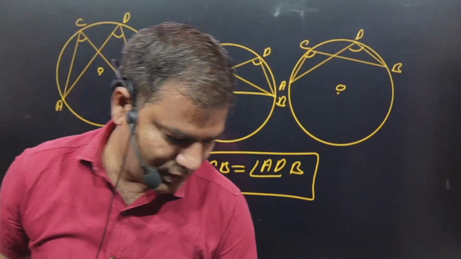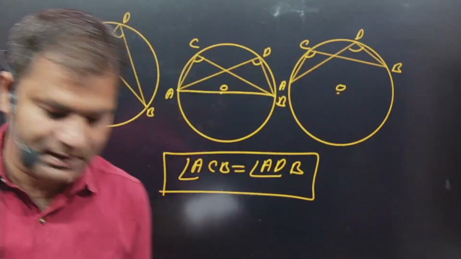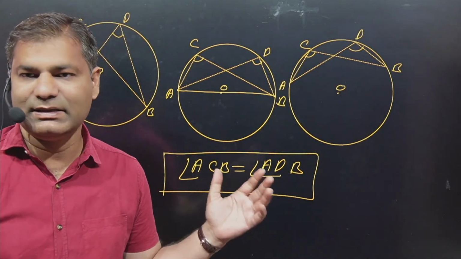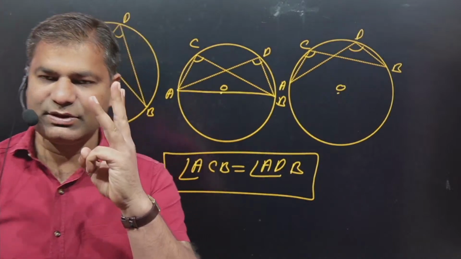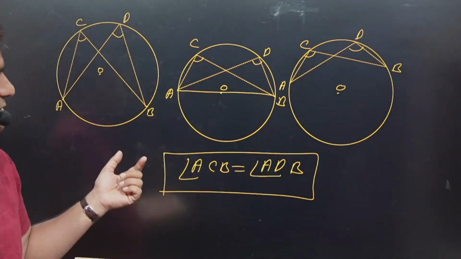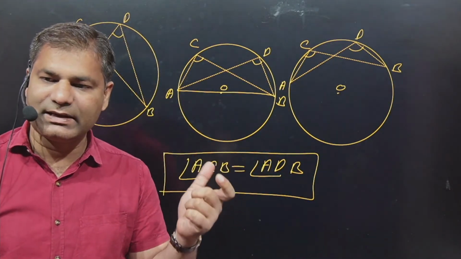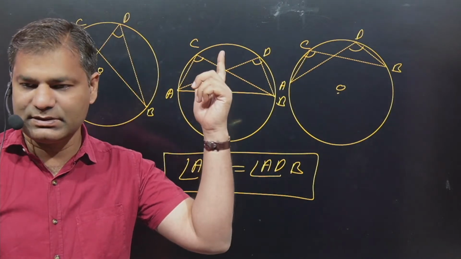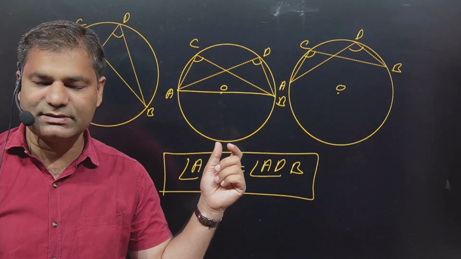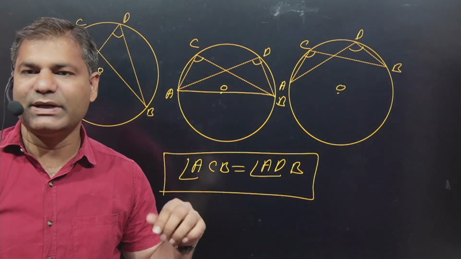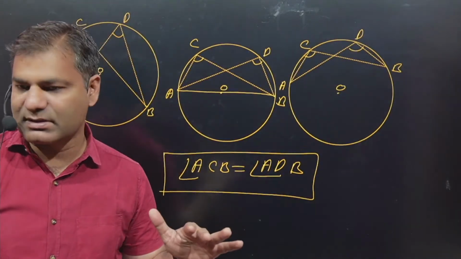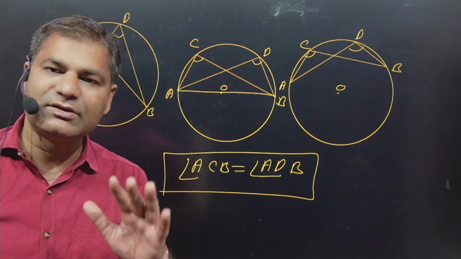Okay, so now I will focus on some problems. How can we apply these 3 theorems here? The first theorem: the angle at the center of the circle is equal to 2 times the segment angle. Suppose the segment angle is x, and the center angle is y, so y equals 2x. Next, any angle in a semicircle is always 90 degrees.